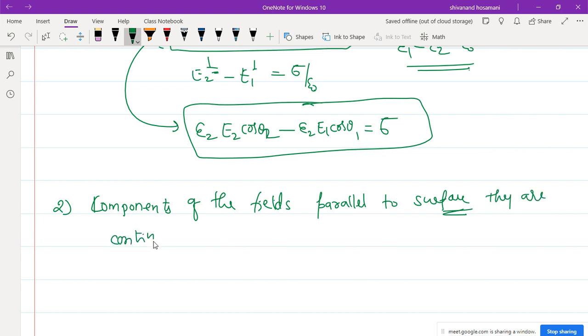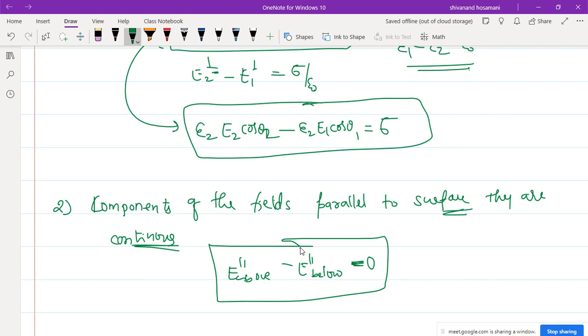Okay, how do we define the second boundary condition? Electric field parallel above the surface minus electric field parallel below the surface, the difference should be 0. If the difference is 0, then they are continuous.